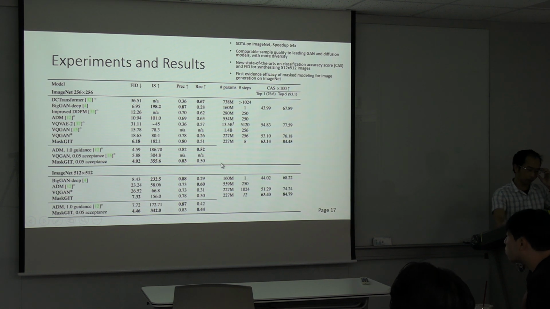It is stable, so there is some comparison with earlier state of the art. This model, named MaskGIT, can beat many other diffusion models, BigGAN and some other approaches. They measure by FID and Inception score.